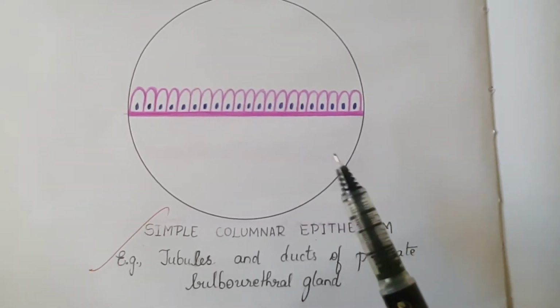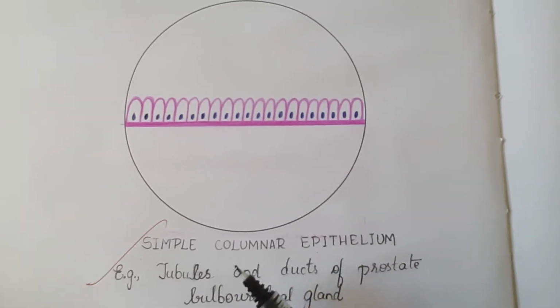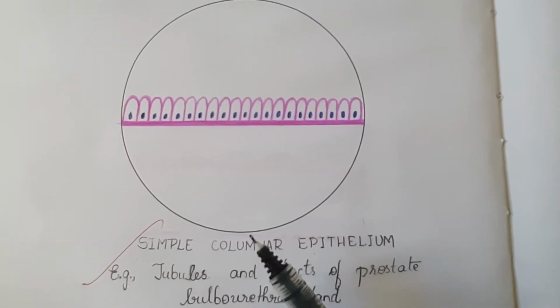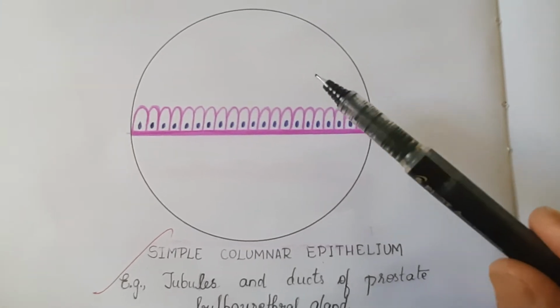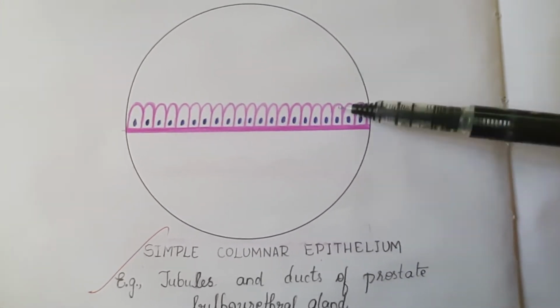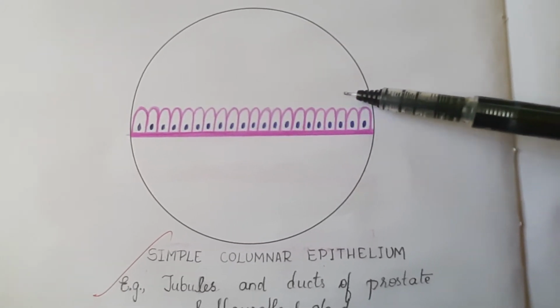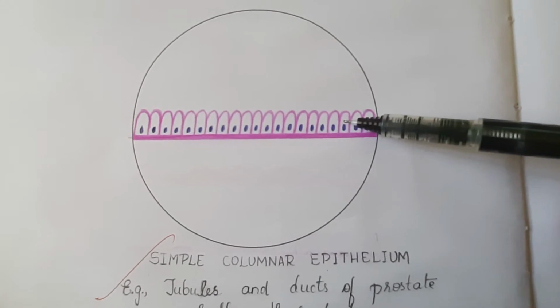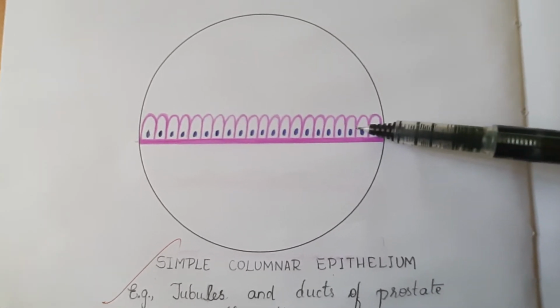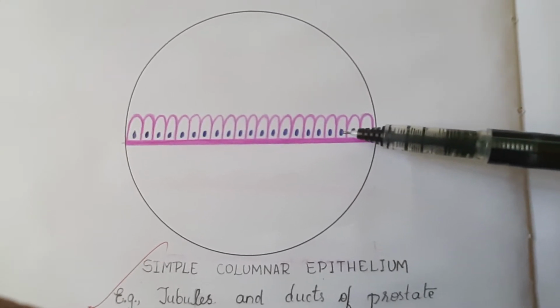Here you can find the simple columnar epithelium. An example is the stomach, which is lined with simple columnar epithelium. The name itself indicates it: columnar means the height of the cell is more than the width.